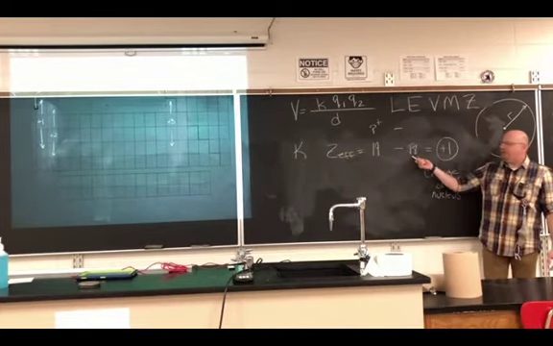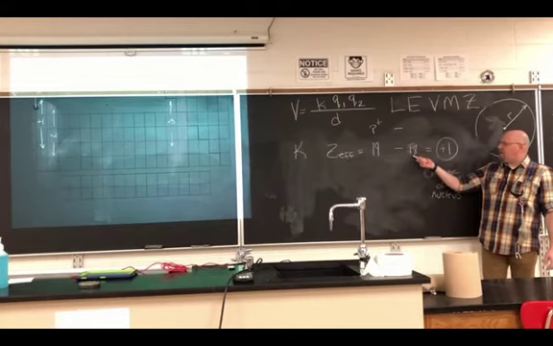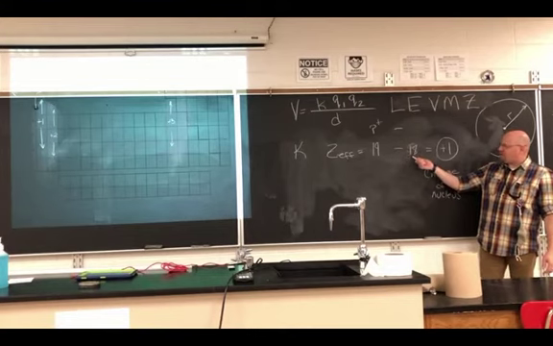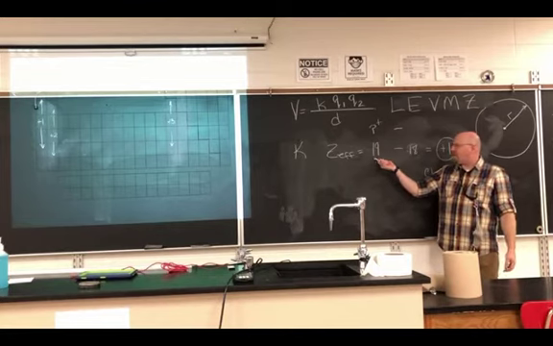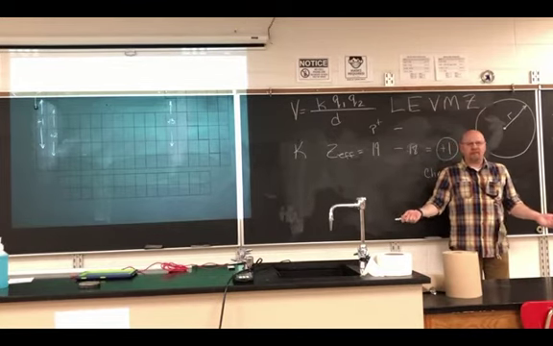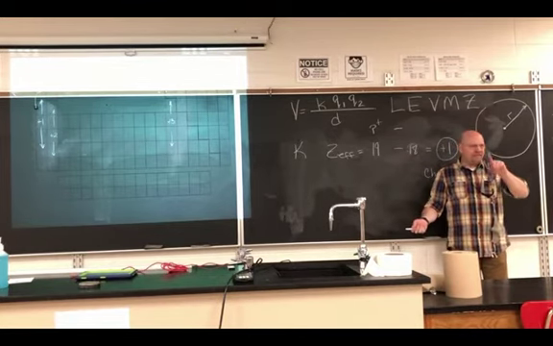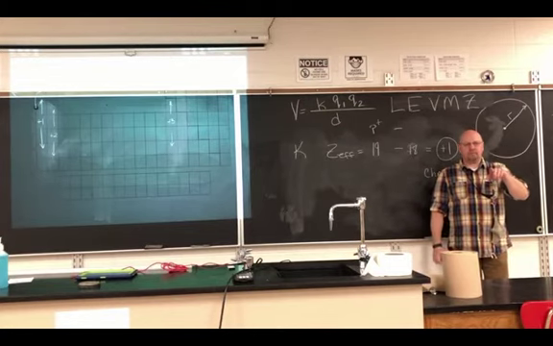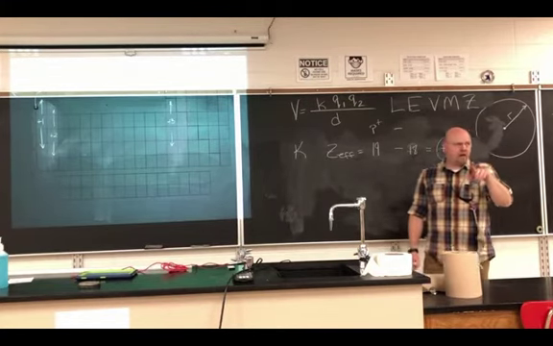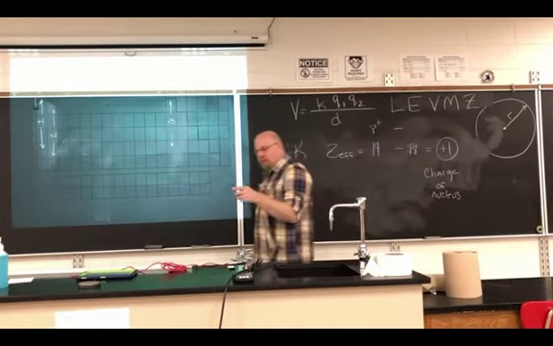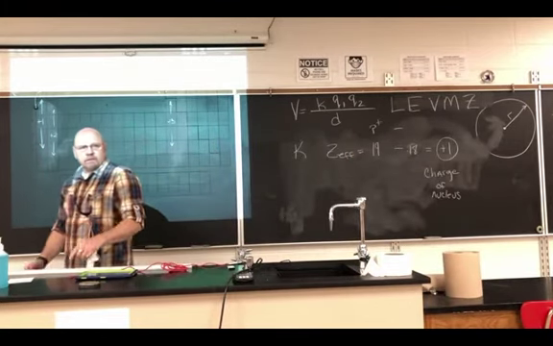So, if it's the core electrons subtracted from the number of protons, that should equal the number of valence electrons if it is neutral. Okay? If it is neutral, that's going to be the case.